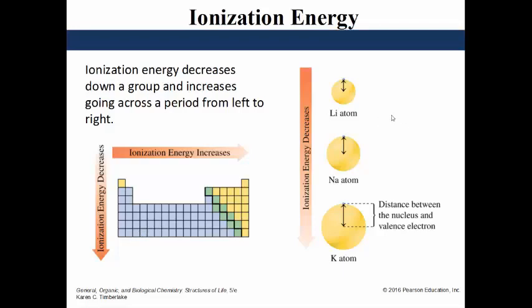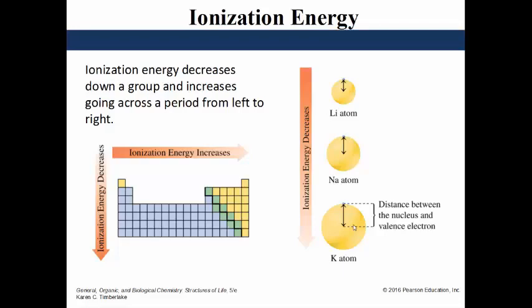And here's another way to think about it. We have three examples given here: lithium, sodium, and potassium. Of these three, lithium is the smallest. Sodium is a little bit bigger, and then potassium is a little bit bigger than that. So the distance between the nucleus and its outermost shell is really small here, a little bit bigger here, and a little bit bigger here.